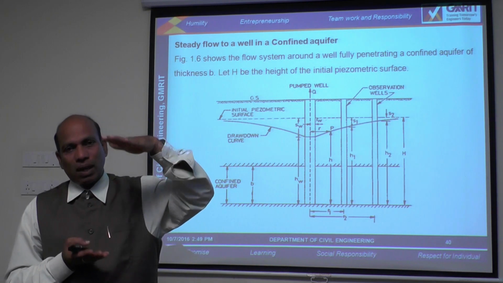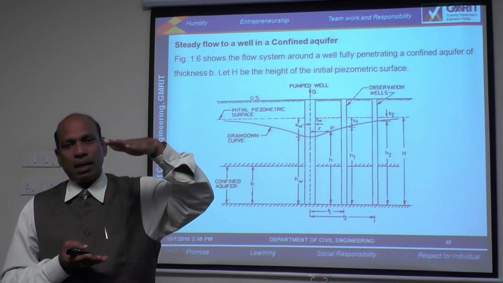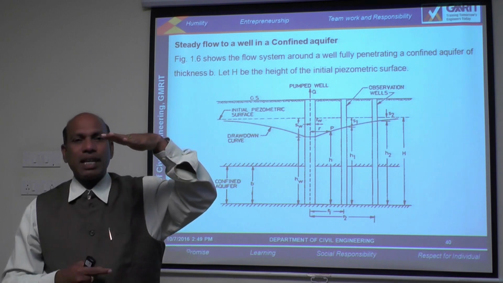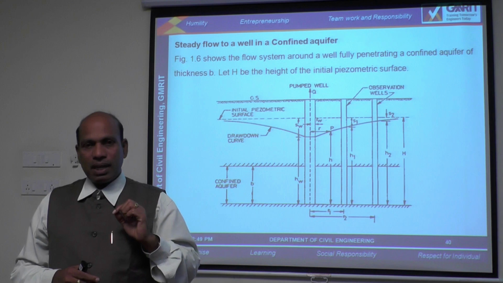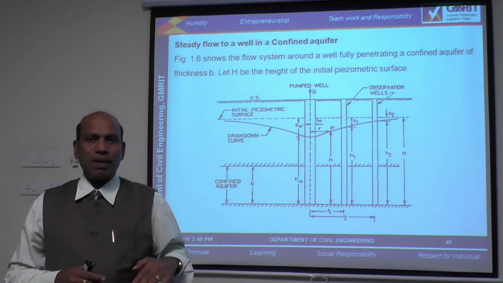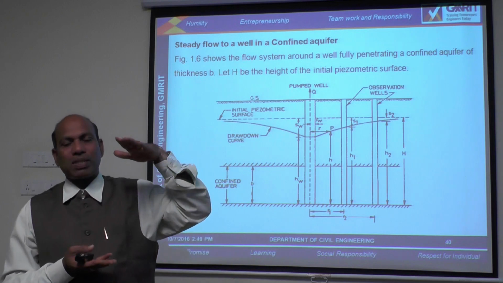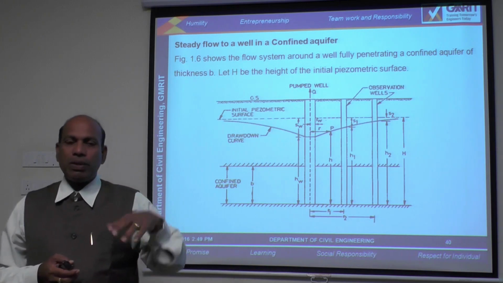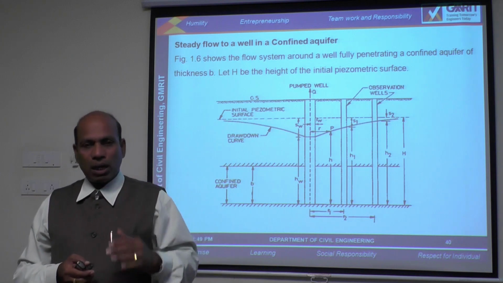The water is confined or bounded, closed in between two impervious layers. That thickness is known as B. Earlier we took the water level to the impervious layer; here we take the thickness between the two impervious layers, denoted by B. This is the difference between the unconfined and confined aquifer.